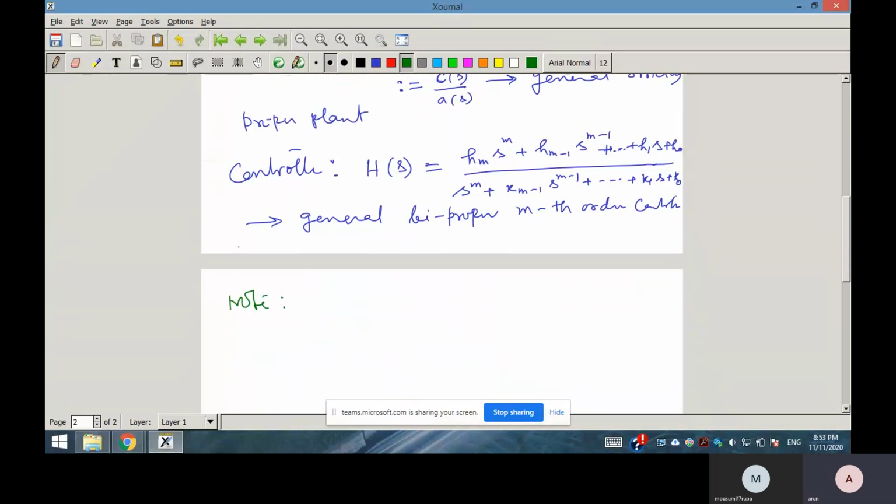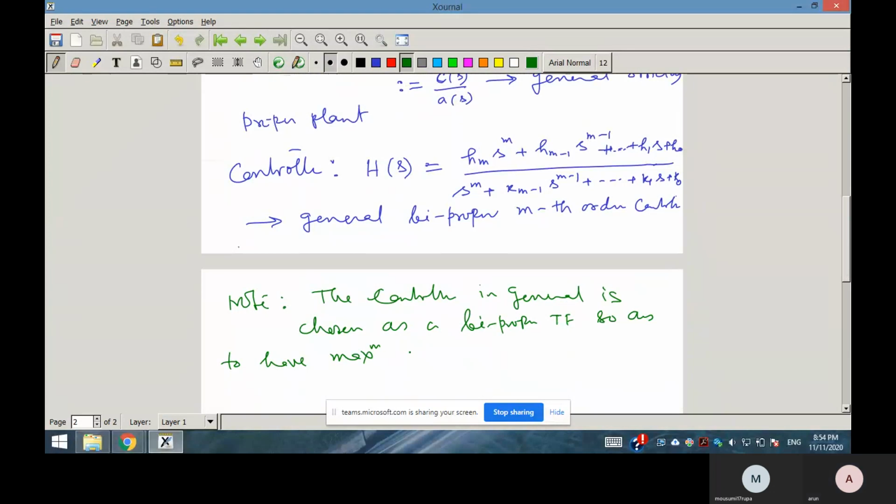Note the controller in general is chosen as a biproper transfer function, so as to have the maximum number of tunable parameters.